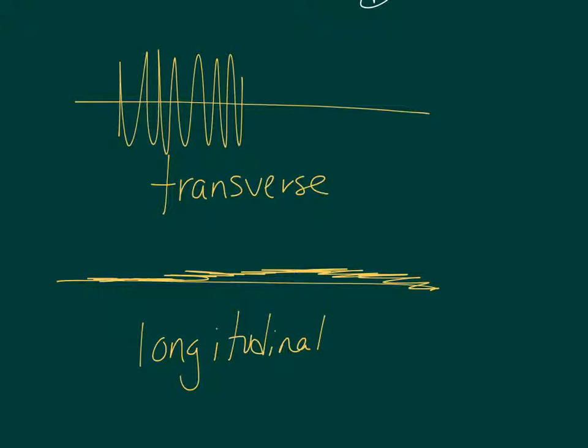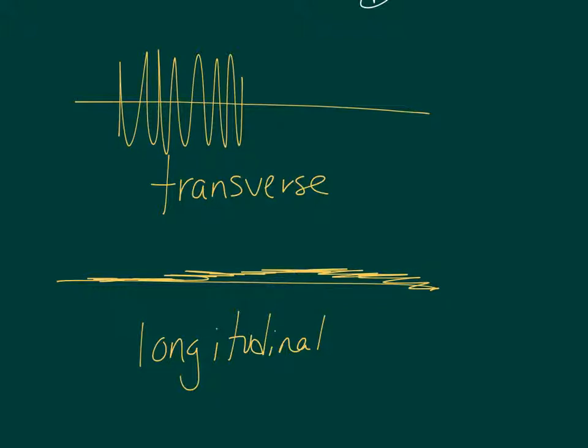Remember, the word transversal makes you think of two parallel lines and a transversal cutting through them. So think of this as the vibration moving up and down, which is cutting through the direction of motion. The direction of motion is left to right, the vibration is up and down. It's like a transversal going through the parallel lines.